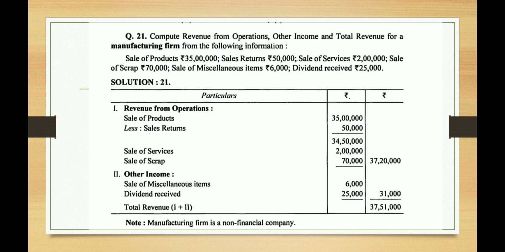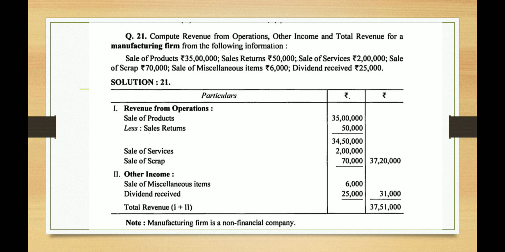Now let's solve a question from your book. Compute revenue from operations, other income and total revenue of the manufacturing firm from the following information. First of all, you have to ascertain revenue from operations.